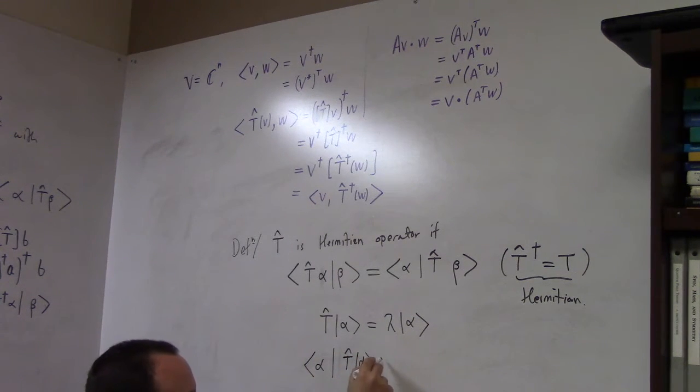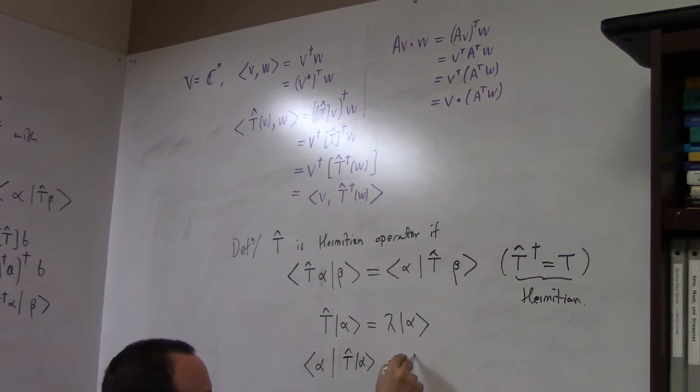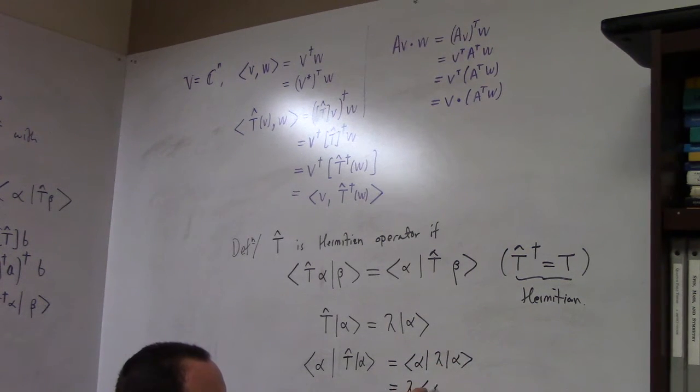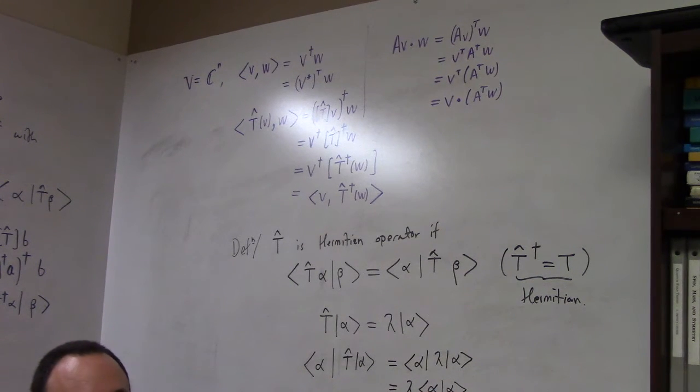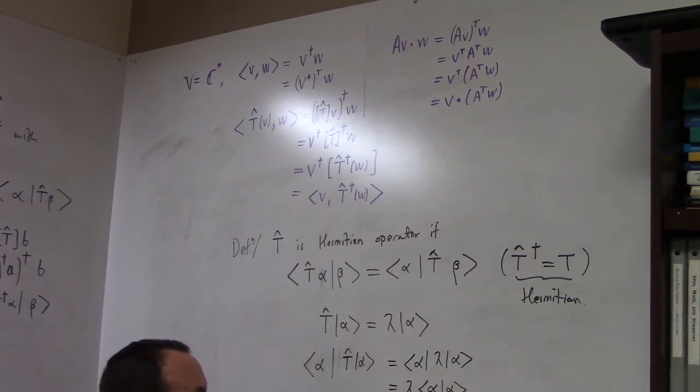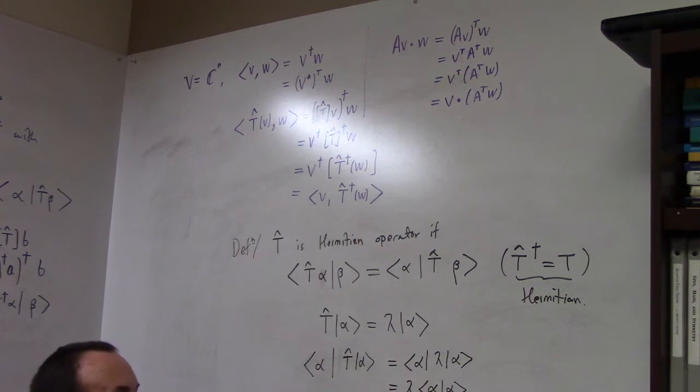But that's equal to what? Lambda alpha, and the lambda passes through, which is lambda times the inner product of alpha with alpha. Let's suppose that we've normalized the state to length 1, so we work with an orthonormal eigenvector. So that's just lambda.